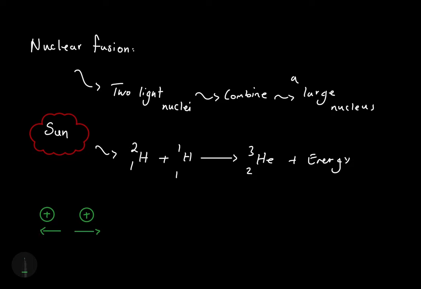So you need lots of energy to actually cause the fusion to happen. This is usually achieved through a kinetic energy of about 1 mega electron volt. Once these particles get to about 5 femtometers, the process of fusion can take place.